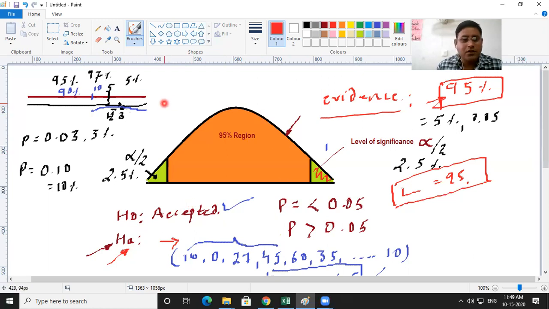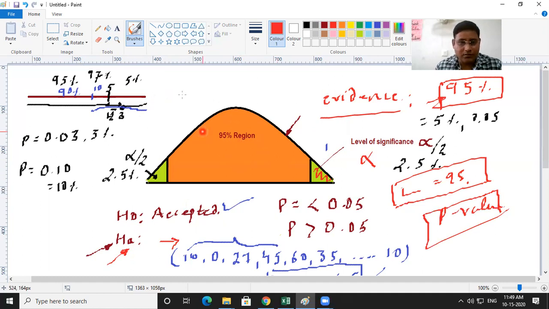Getting the point? So with the p-value, we try to find out in which region we are falling: either this 95% region or this level of significance, the alpha region.